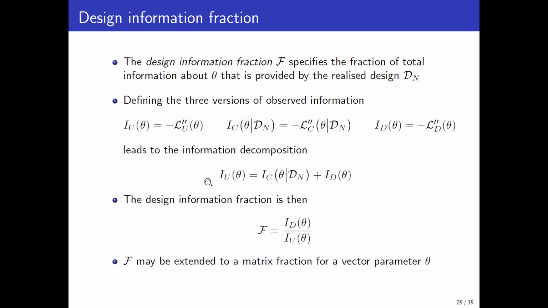And this equation here is essentially the decomposition of that overall information in the entire sample into the sum of the design information and the outcome information conditional on the design. And so the design information fraction is just re-expressing that decomposition.